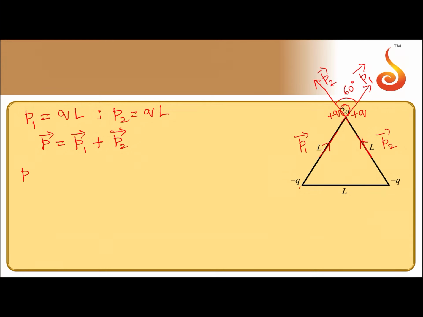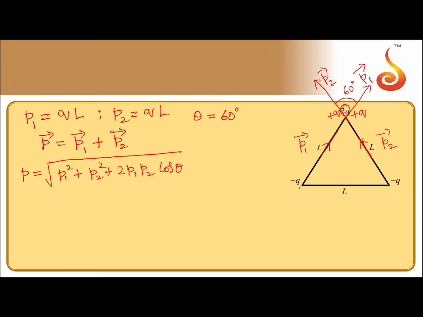The net dipole moment magnitude is given by the square root of P1 squared plus P2 squared plus 2 P1 P2 cos theta. Now the angle between these two, theta, is 60 degrees. Now substitute and simplify.